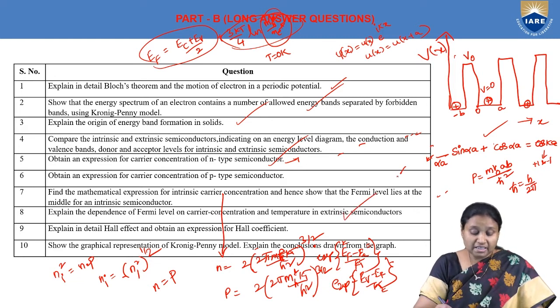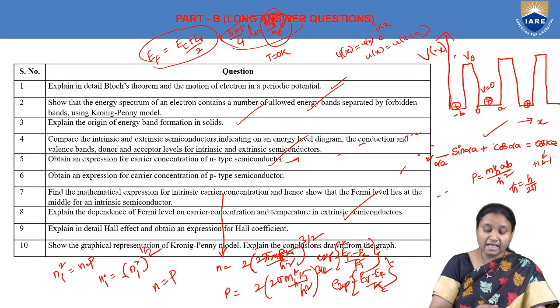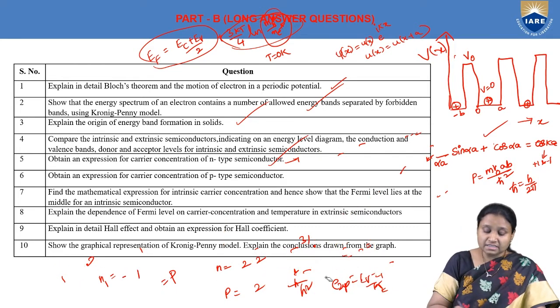And explain the dependence of Fermi level on carrier concentration and temperature in extrinsic semiconductors.